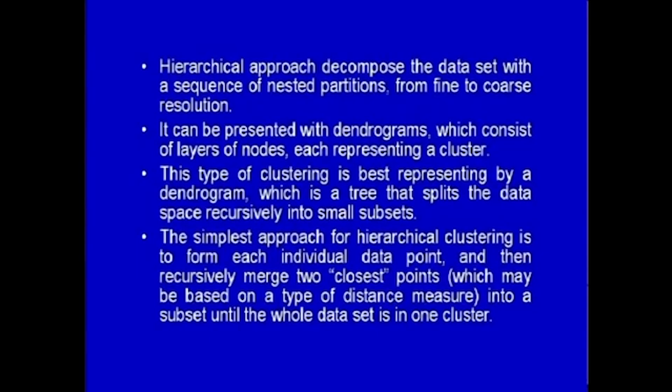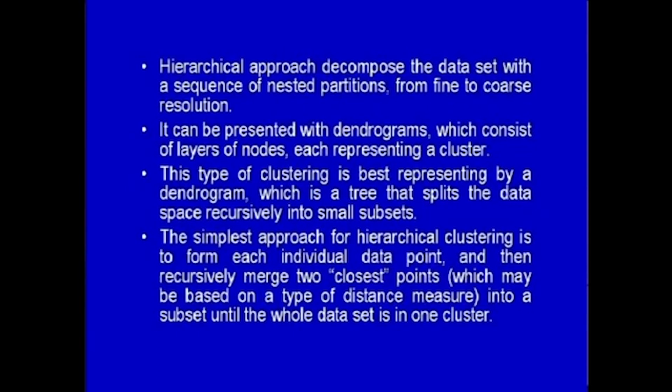The hierarchical approach decomposes the data set with a sequence of nested partitions from fine to coarse resolution. It can be presented with dendrograms, which consist of layers of nodes, each representing a cluster. This type of clustering is best represented by a dendrogram, which is a tree that splits the data space recursively into small subsets.